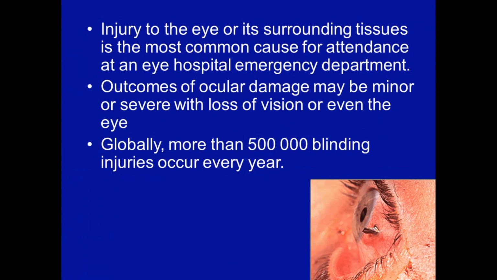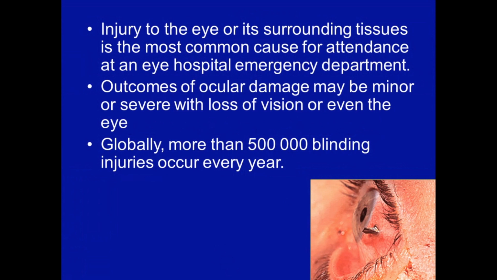Outcomes of ocular traumas may be minor or severe, with loss of vision or even of the eye. Just think about these numbers: more than half a million blinding injuries occur every year.